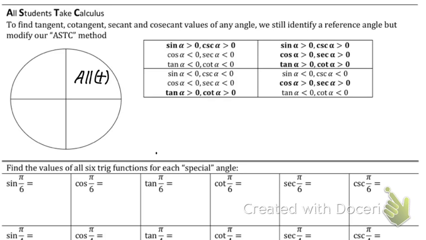All are positive. Students, that was sine is positive, and now we're going to attach to that cosecant, because cosecant is just flipping it. If we have a negative sine, we're going to have a negative cosecant because we're just flipping those values. Take, that's going to be tangent is positive, but that must mean cotangent is also positive.